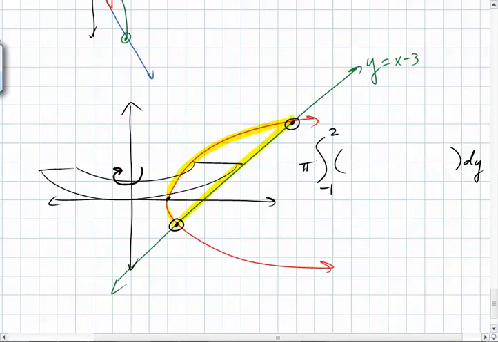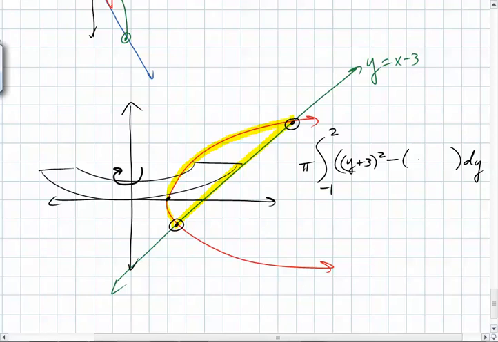Am I okay so far? Yes. So then this needs to be just in terms of what? y. So x equals y plus 3. So we have y plus 3 quantity squared minus what?